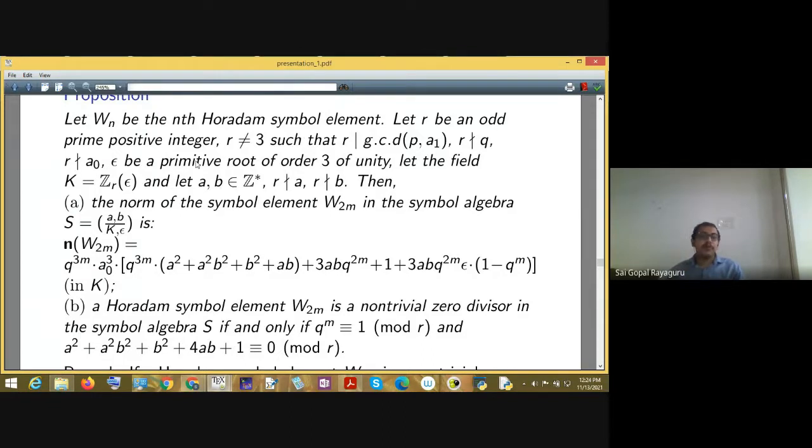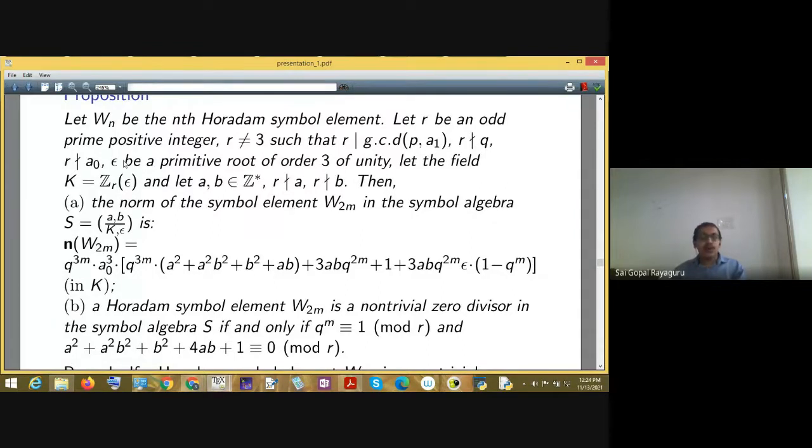So with this property we have a symbol algebra S equal to (a, b over K, epsilon), and we can see r does not divide a naught and r does not divide q. These two things were not there in the definition, and r does not divide a, b. These things were not in the symbol algebra definition. But for finding the reduced norm of the symbol elements of degree 3, some more conditions are required that we imposed in this proposition.